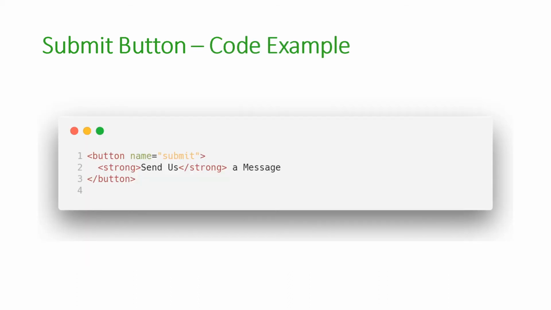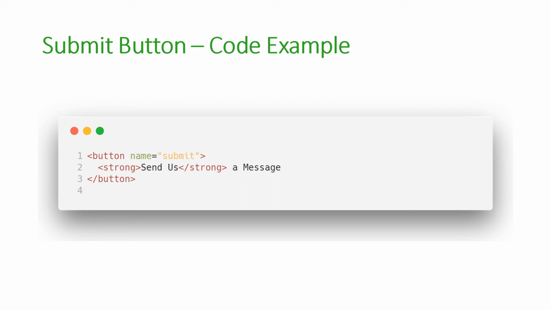So here's what that looks like. We have this button, name equals submit, and then we have a set of strong tags using them on our button text. So part of this button text is bold, while the other part is not.